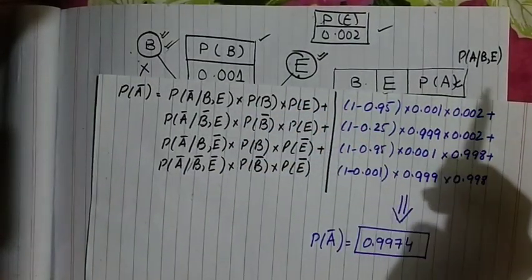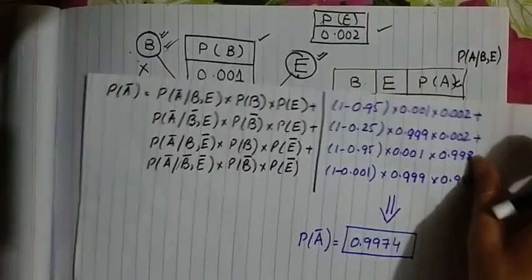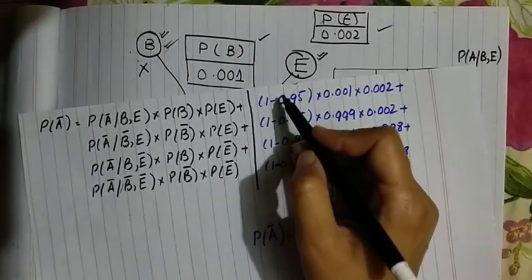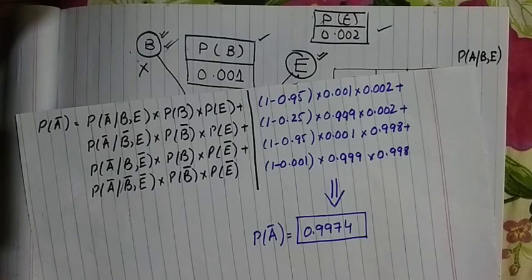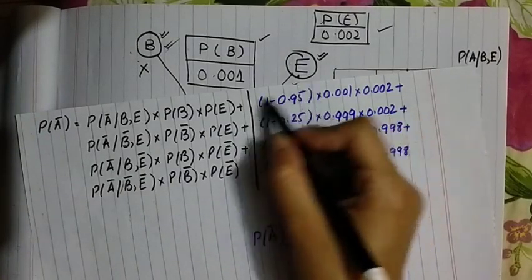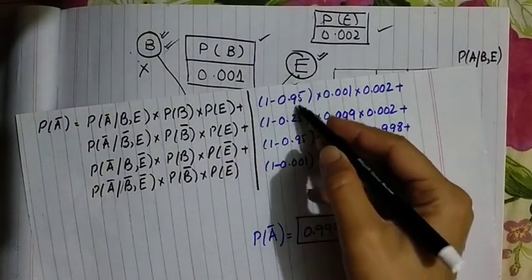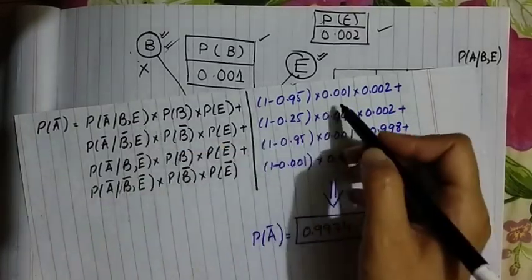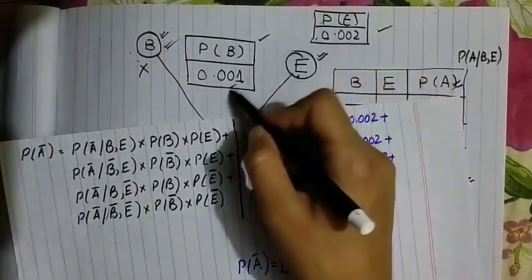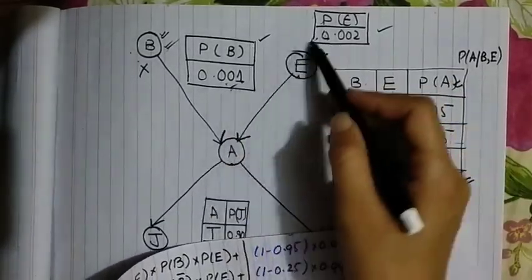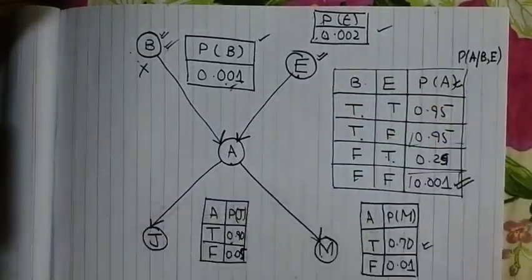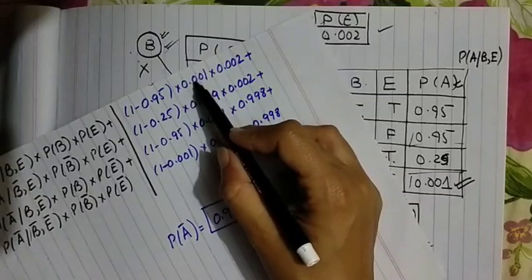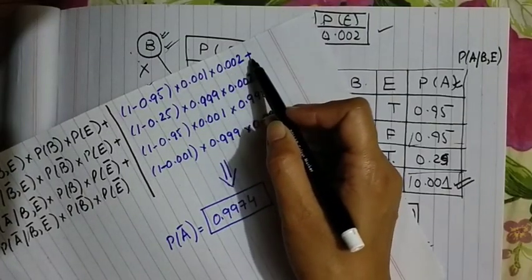So how would we place these values? Simply, you have to subtract it from 1, and then you would get that particular value. But for these two you have already got the value from that particular graph of this problem, which is 0.001 into 0.002.